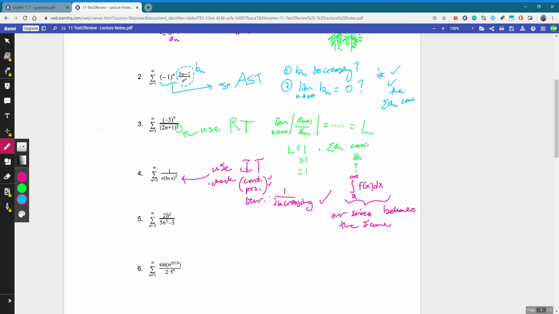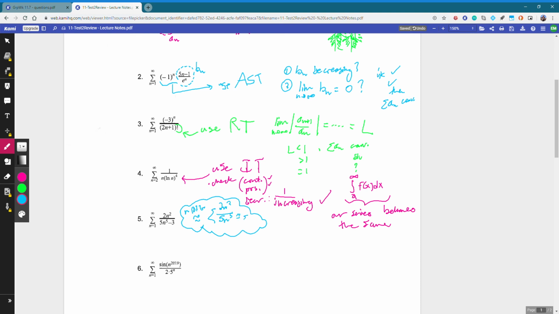There's nothing really going on up top, but when n is really big, this -3 won't matter too much, and our series, let me just kind of do a little thought bubble over here. When n is big, this thing should more or less look like the series for 2n squared over 5n to the 5th.